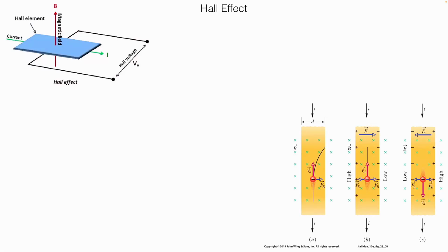But the real cool thing about the Hall effect is that it proves to us that the current carriers in conductors are in fact electrons. This is the one place where we cannot cheat and say, oh, positive charge is the thing that flows in the wire.